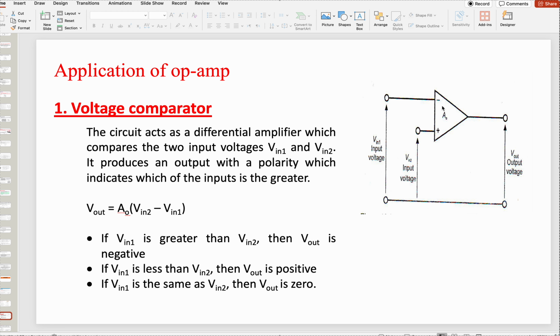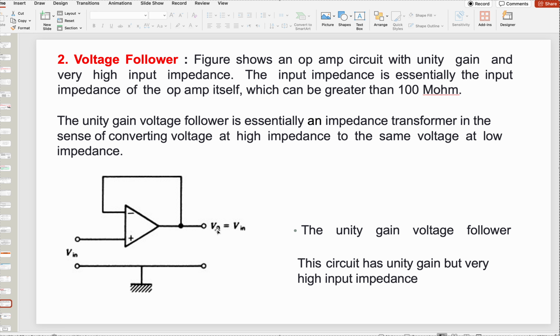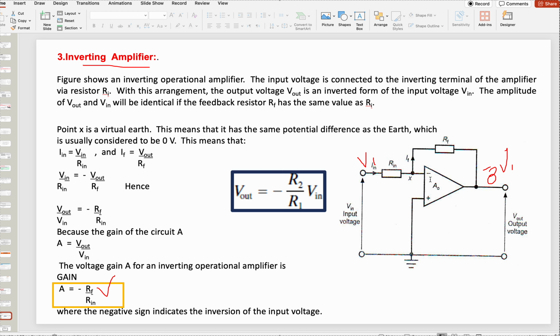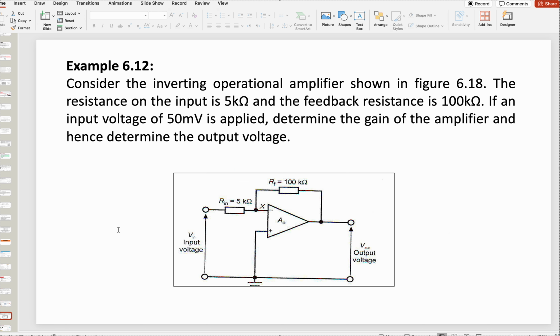Or you can have a unity gain, of course, if you want the output to be unity, and sometimes you use unity just to change the sign of the voltage. In this case, this is an inverting amplifier where the Vn goes to the minus sign. So you have the ratio of R2 over R1, which identifies the amplification, the A0 in this case. So the A0 here is minus RF over Rn.